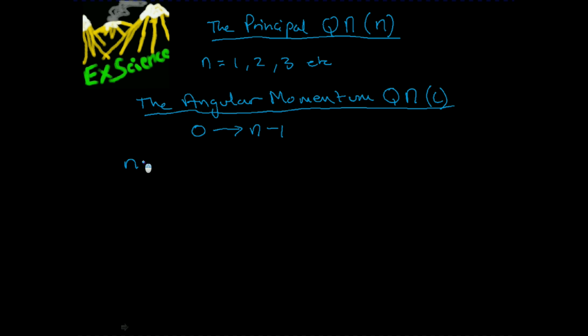Where n equals 1, the only value for L possible is 0. This gives rise to a spherical orbital. So this is a volume, a sphere, and it's denoted an s orbital from spectroscopist language, meaning sharp, for a sharp peak in the spectrum.